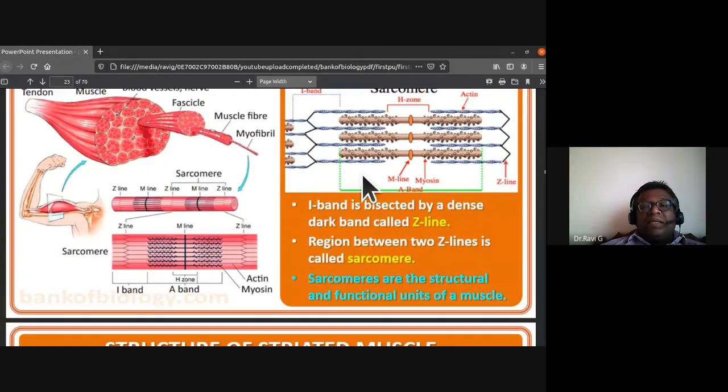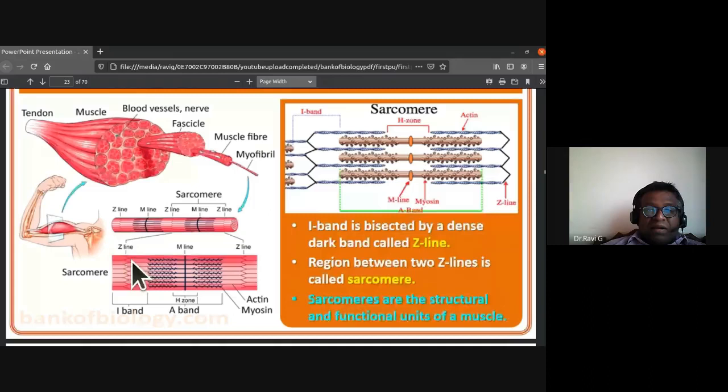The I band, that is the isotropic band, is bisected by a dense dark band called the Z line. So can you look into this Z line? The I band is bisected by the Z line, and the anisotropic band is bisected by the M line.